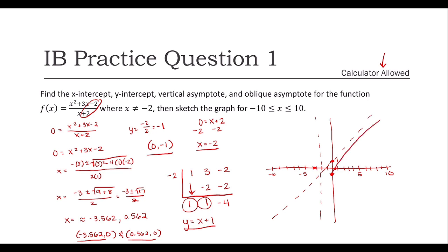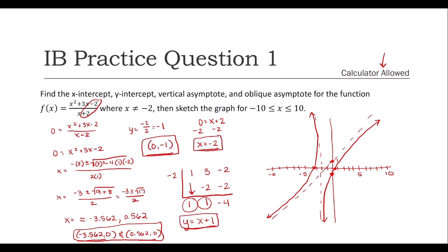So here is what our function would look like. It'll get closer and closer to these asymptotes, but never actually touch them. So these would be our answers to this problem: our x-intercepts, our y-intercept, our vertical asymptote, our oblique asymptote, and then our sketch of the graph.